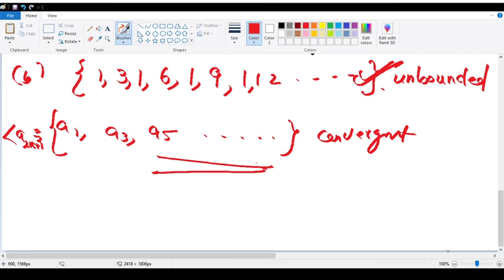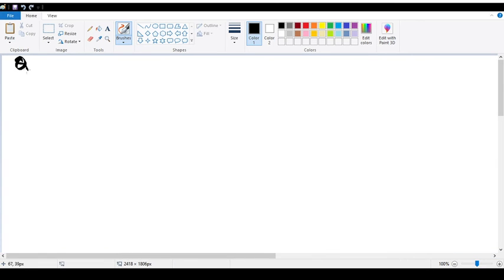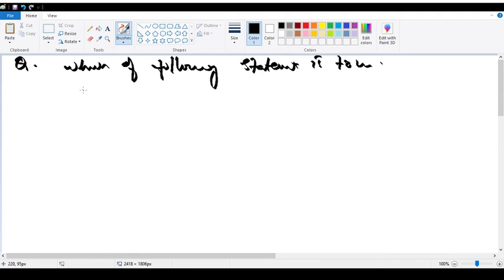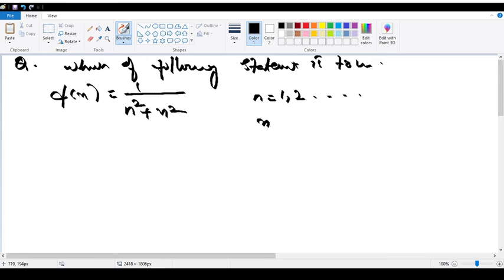Okay, ma'am. One more question. Which of the following statements is true? f of x equal to 1 by n square plus x square, n equal to 1, 2, etc., and x element of 1 by 2 comma 1.